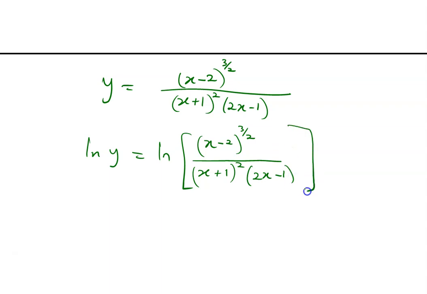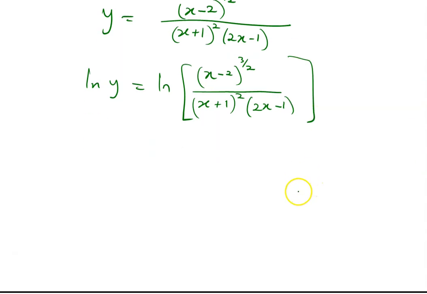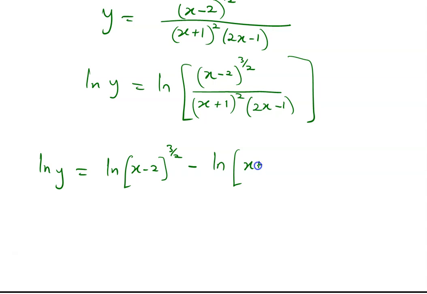We can still simplify. That's for the left hand side. So we can say that ln y is equal to ln of (x minus 2) to the power 3 over 2 minus ln of (x plus 1) squared multiplied by (2x minus 1).